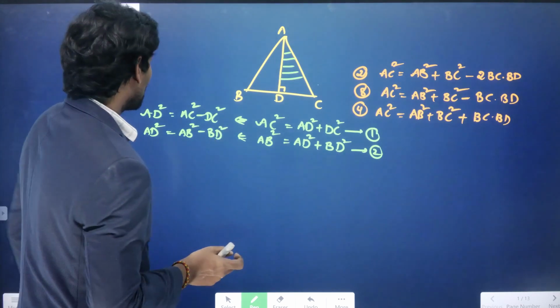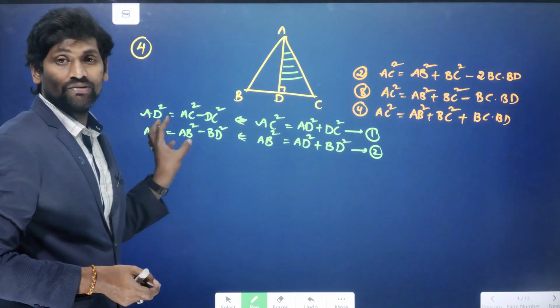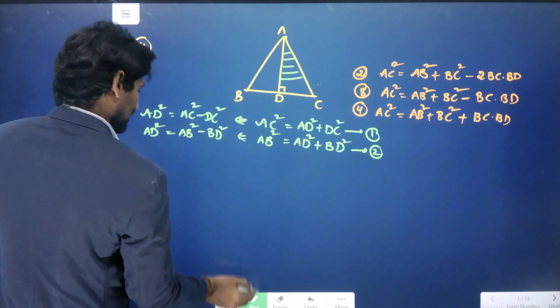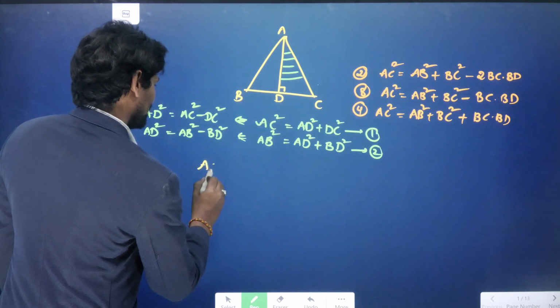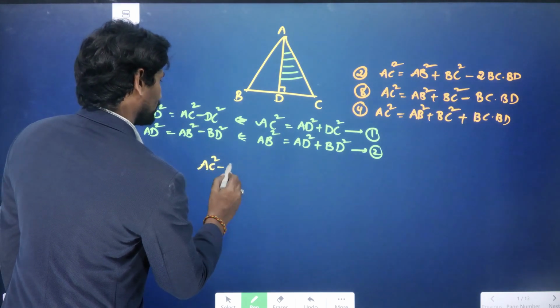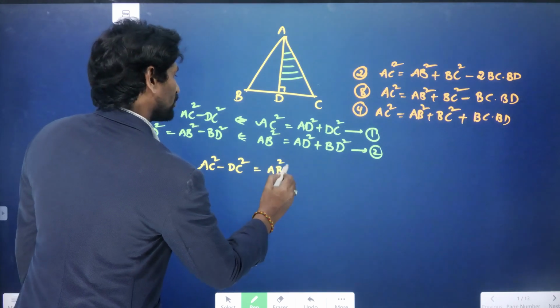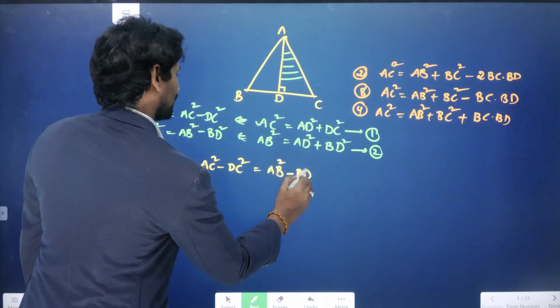The left hand sides are equal, so we can equate the right hand sides. Then we get AC square minus DC square equals AB square minus BD square.